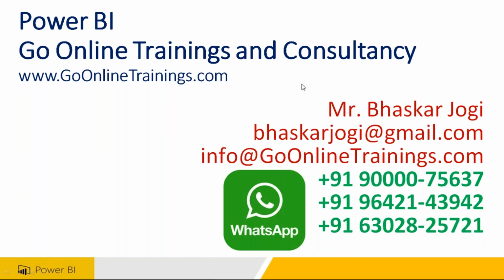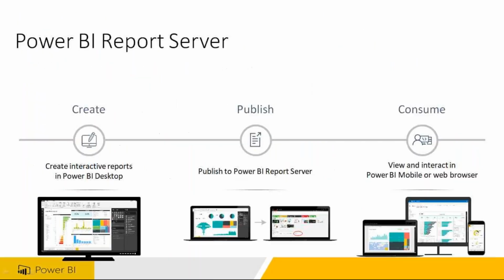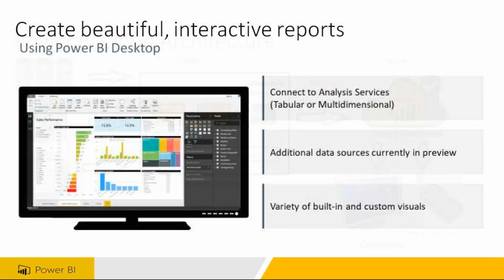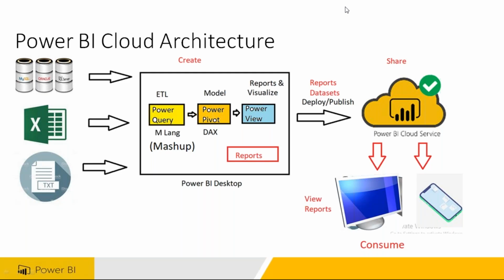So let me redo it once again, so that this time we get the data not only from Excel, but also we connect with SQL Server, we get the data, we apply a lot of transformations, right? So get the data, apply some transformation, you put the data into Power Pivot, and later you're going to be working with this, right?